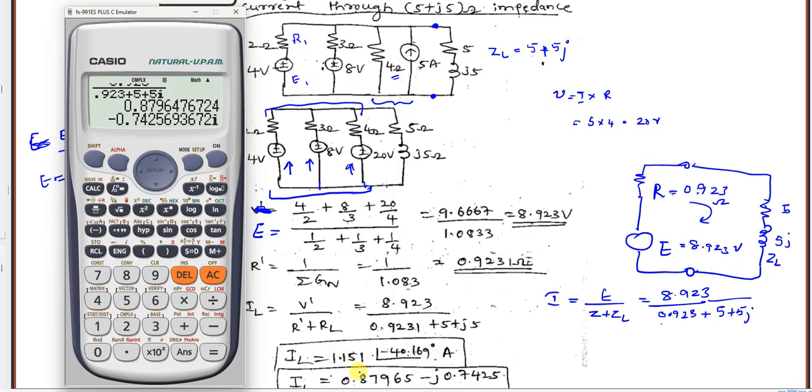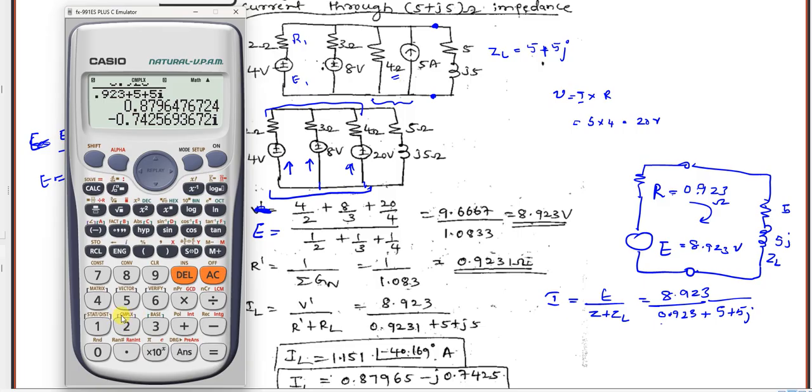So this value is 1.15, the root of 0.87 square plus 0.74 square, and this is tan inverse of this by this. Now here, shift: you have to click shift plus complex. There is a CMPLX written above the 2 button.